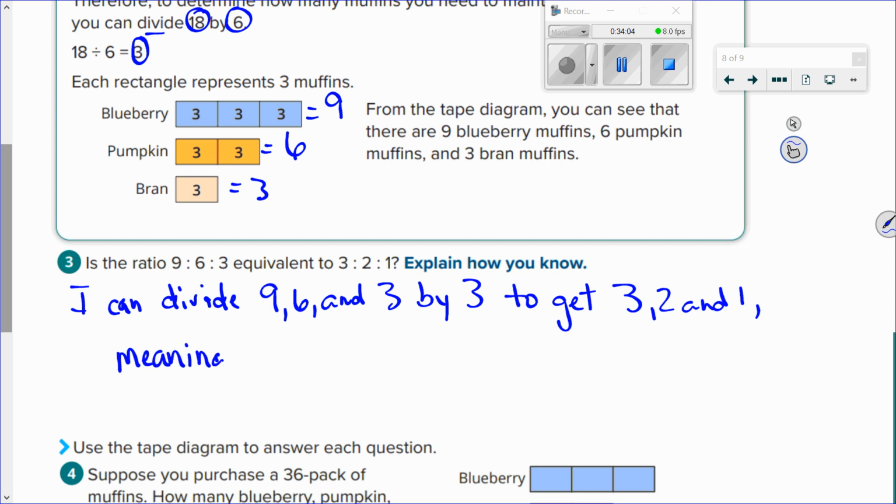They simplify to the same number. Does that make sense for everyone? Again, the whole key is if I simplify them to the same number, they are equivalent. That's your definition of equivalent ratios.